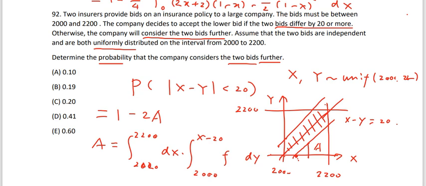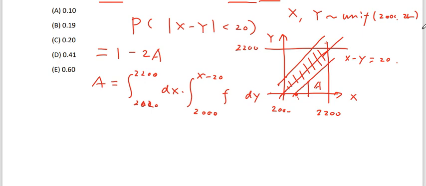Then this density function is uniform, so this density function is constant. What is this constant? This f is equal to 1 over the area of this region, so 1 over 200 squared, right?